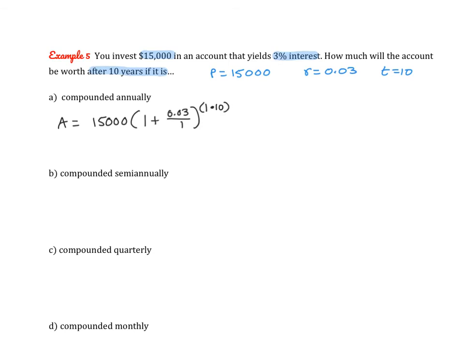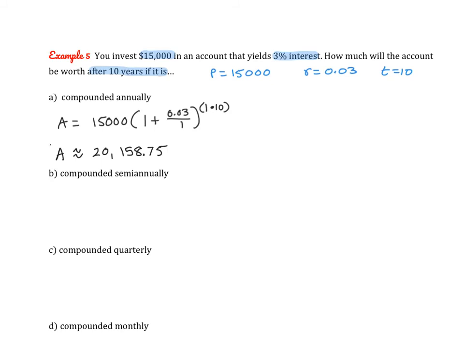So again, compounded annually means once per year. And then let's plug this into our calculator and see what we get. So given this scenario, we would get approximately $20,158.75.